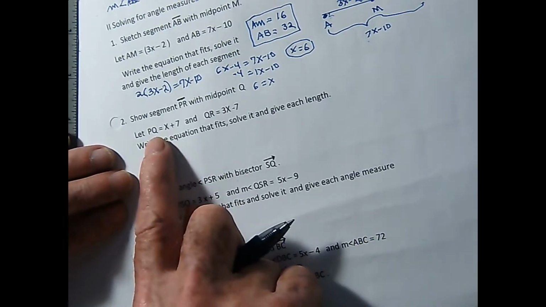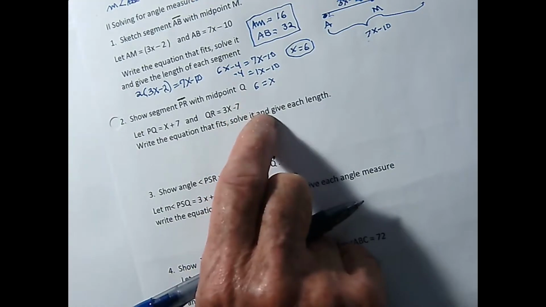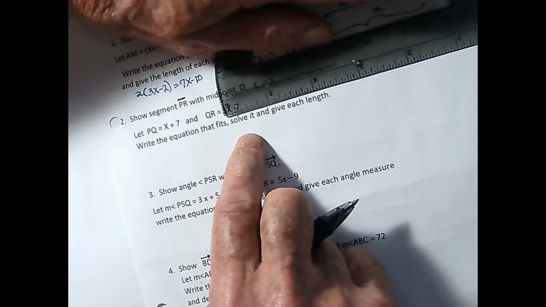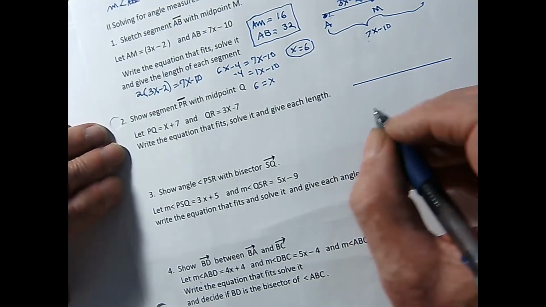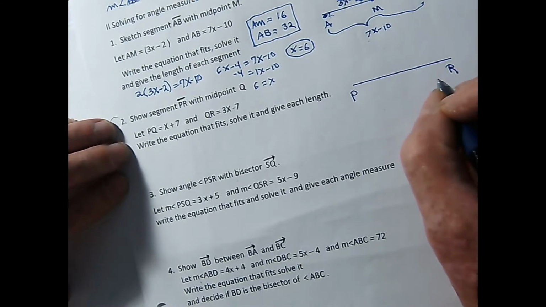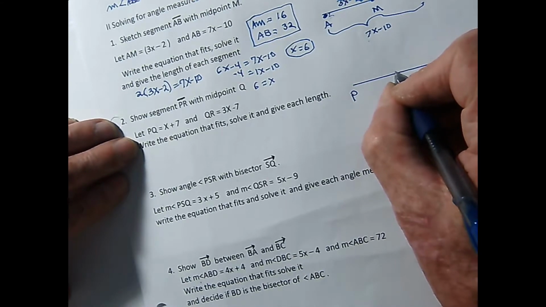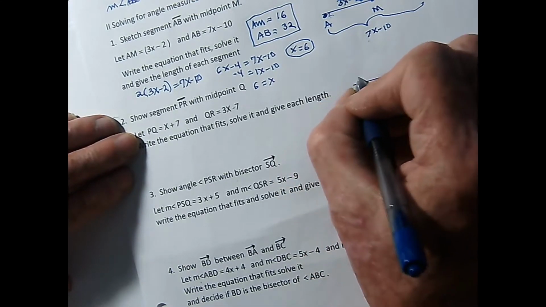Here it tells me to show segment PR with midpoint Q. So on the right-hand side of the paper, I'll do just that. A segment PR with midpoint at Q. Tells me that PQ is x plus 7.